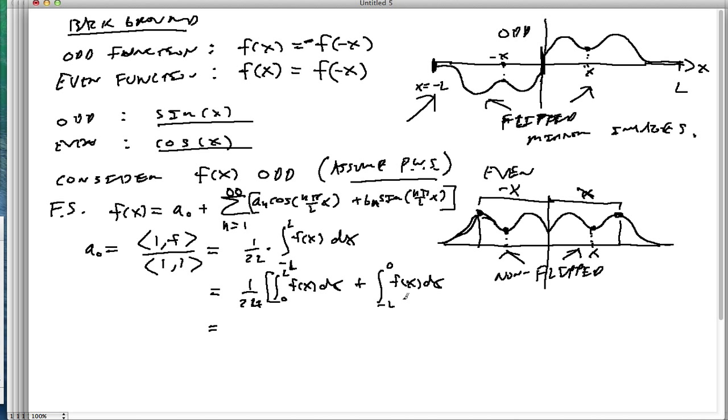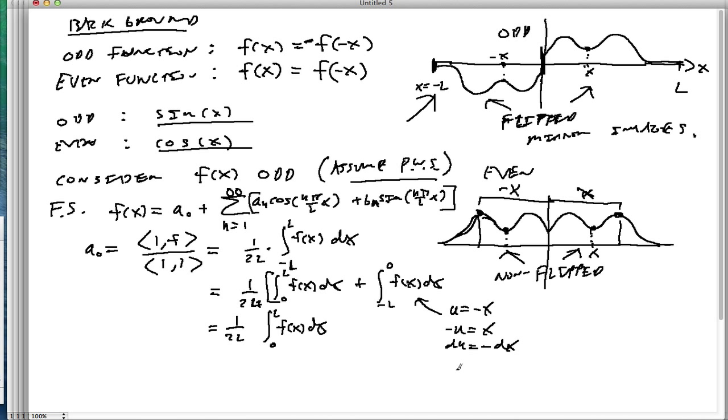Now we can see from this that f is odd, so what I can do here is substitute u is equal to negative x. Then we get 1 over 2L, integral 0 to L of f of x dx. Now that means that negative u is equal to x, and du is equal to negative dx.